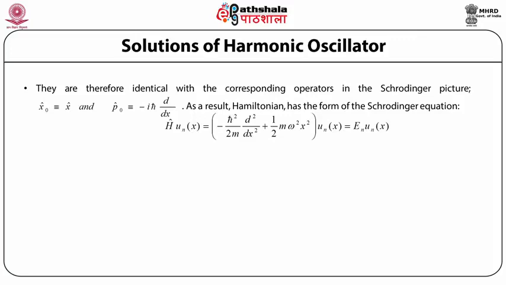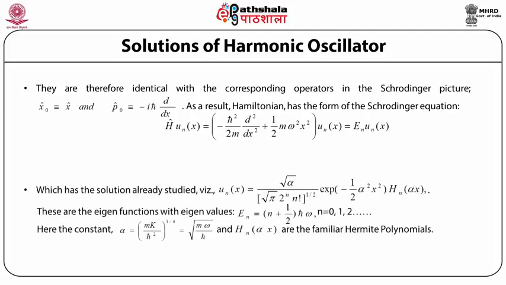Here in this equation, within the brackets, we see that the first term defines the kinetic energy term, while the second term defines the potential energy term. In other words, the first term is due to the momentum operator, and the second term is due to the position operator.